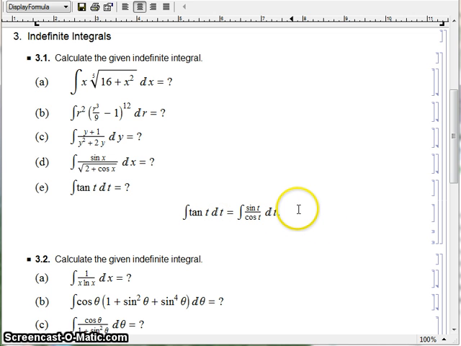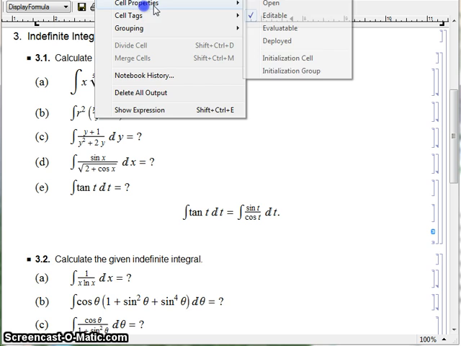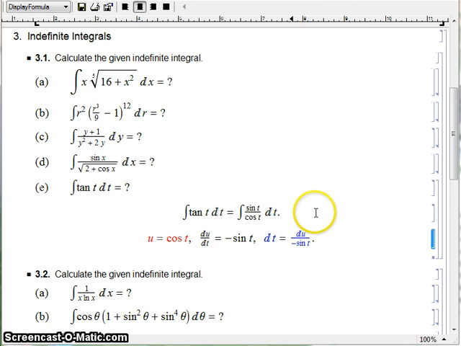So if you write it like this, then you'll see that the denominator is the inside of the composite function. So taking y, u, okay, I decided to use u this time, u as cosine of t. The derivative du over dt is negative sine of t, so dt is du over negative sine of t.